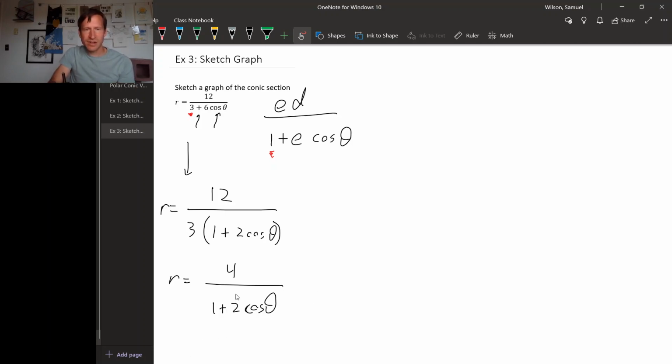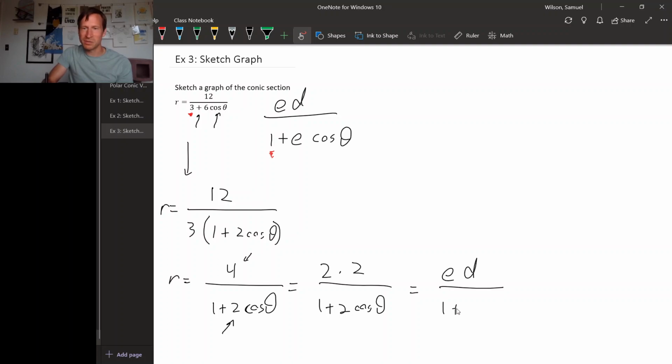Since our eccentricity shows up in our denominator, it's 2, it would be nice to split up the numerator so that the eccentricity shows up. So 4 is 2 times 2 over 1 plus 2 cosine theta. Now comparing this to our general form for this kind of conic section, ED over 1 plus E cosine theta.